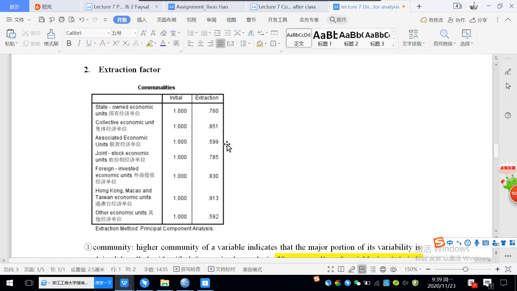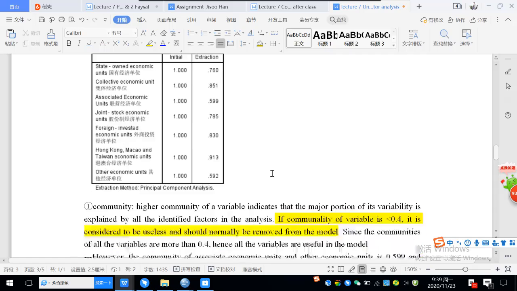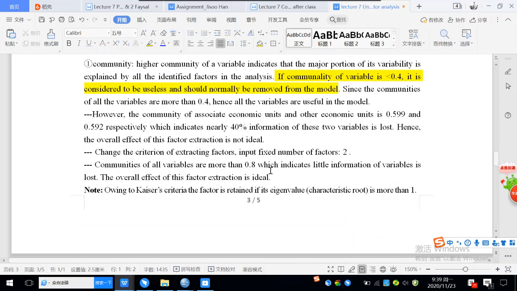And this factor just explains 59.9% of the variables. So we think it's not enough. We want to extract more factors. Can you understand? Since more than 40% of the information is lost, the overall effect of this factor extraction is not ideal. If we extract one factor, it's not enough.